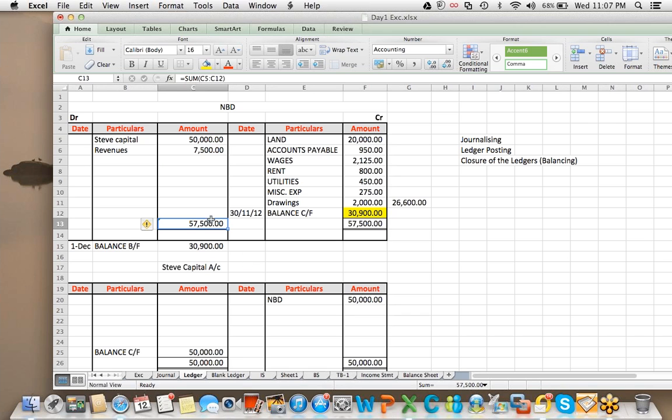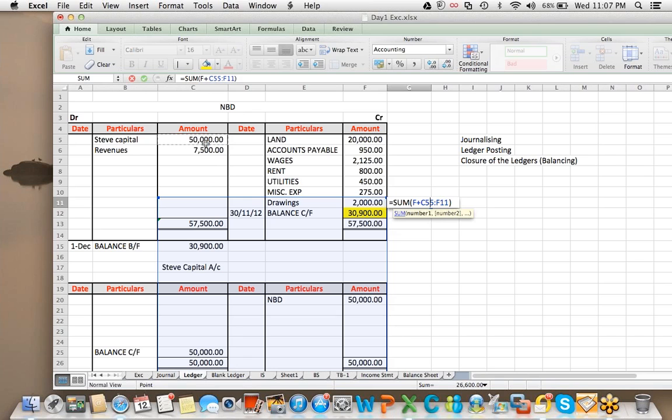We should write the same on the credit side and deduct these balances. This total balance here, 26,600, is on the credit side, right? This is the total of these transactions. And it makes sense, Anish. Here, NBD, we deposited 50,000 and we deposited 7,500.